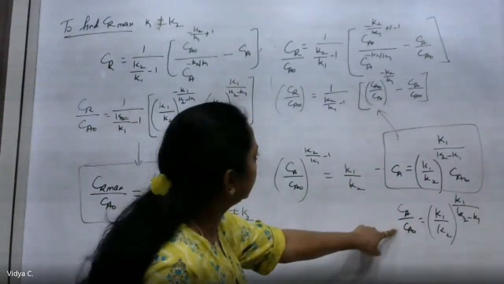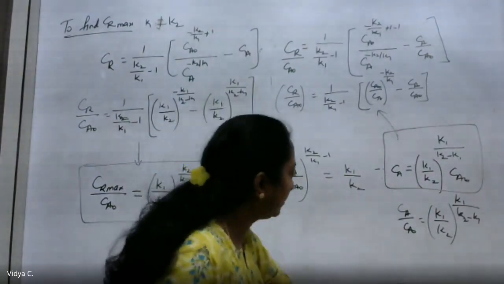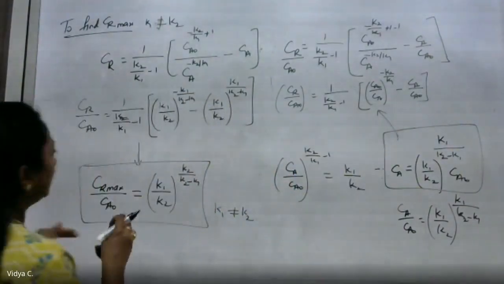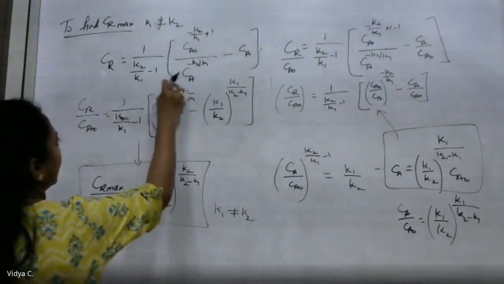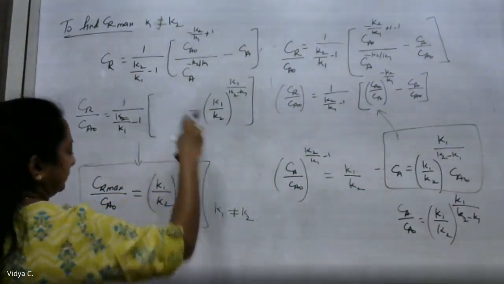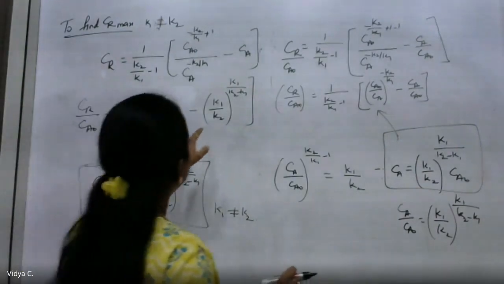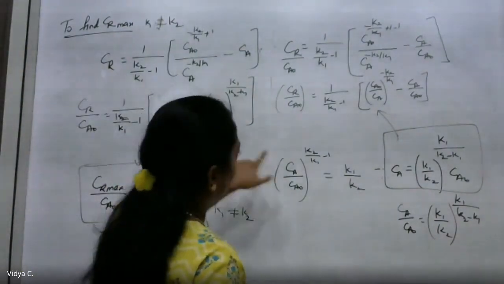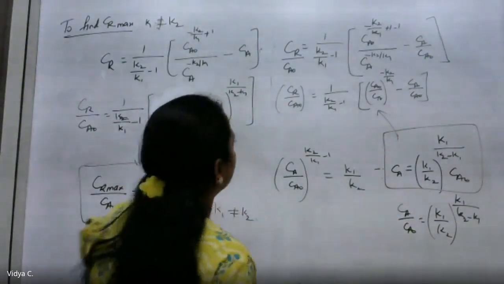See, I have CA by CA naught, right? If you want, I can simplify that also. One step I'll substitute and later you can do. Here it is simple: CA by CA naught is K1 by K2 to the power of that which I substituted.